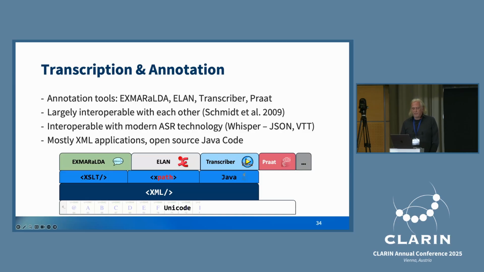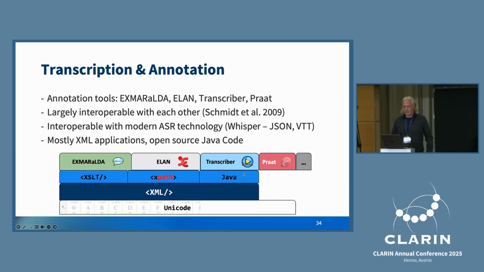They always have been. They're also interoperable with most modern ASR technology. Almost all of them are XML applications, with the exception of Praat. And there's open source code, which is often in Java, which can manipulate this.